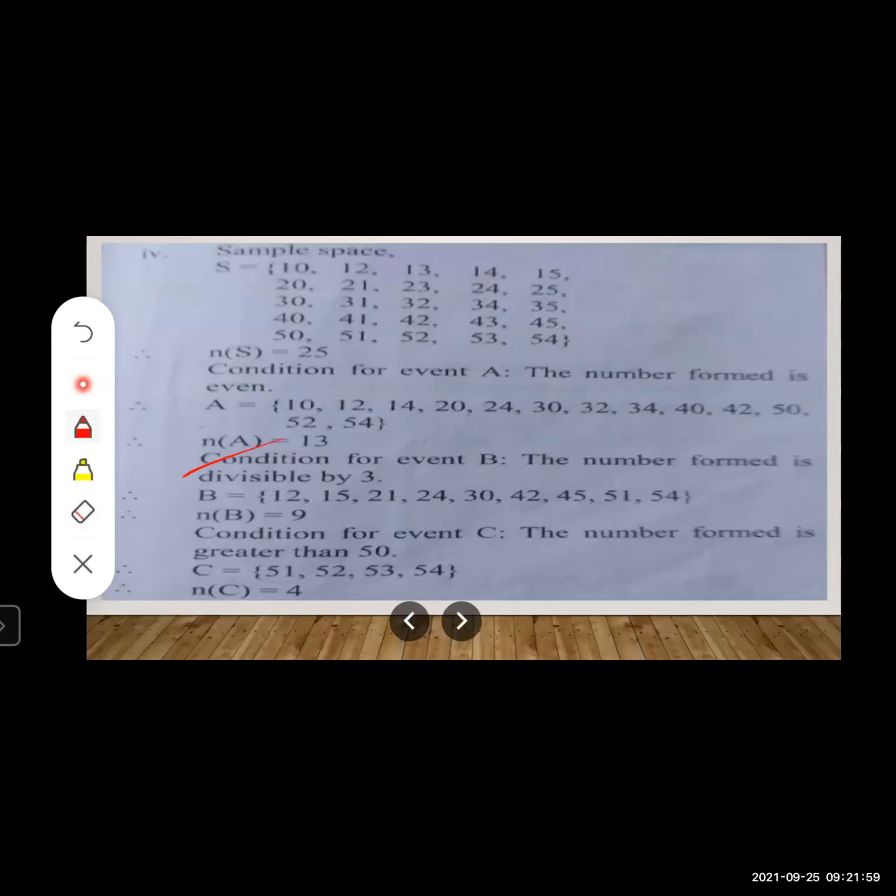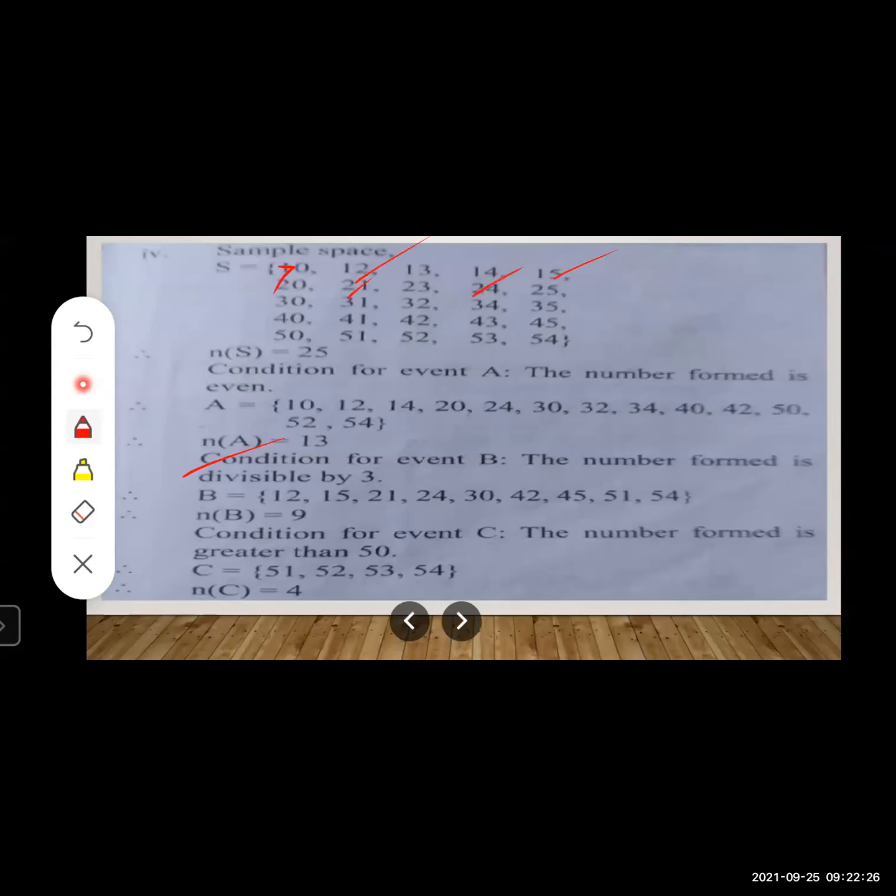Divisible by 3 means what? It is a multiple of 3, right? So let us see which numbers in the sample space are multiples of 3. Number 10 is not a multiple of 3. Number 12, yes, it is a multiple of 3. Again 15, it is a multiple of 3. See, the number 21, it is a multiple of 3.